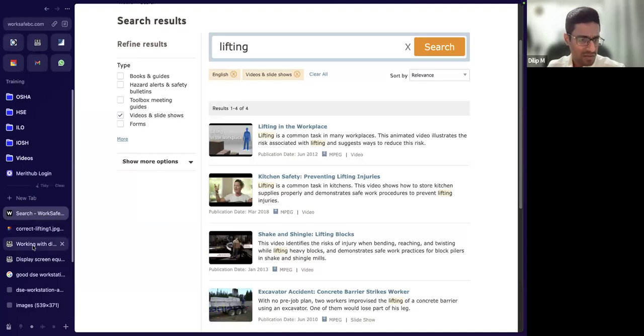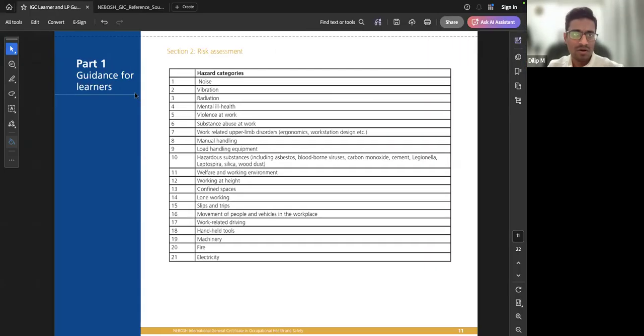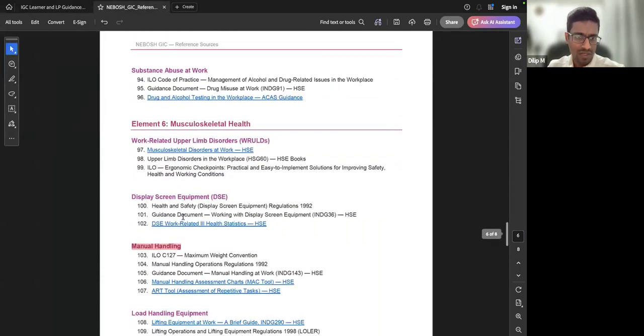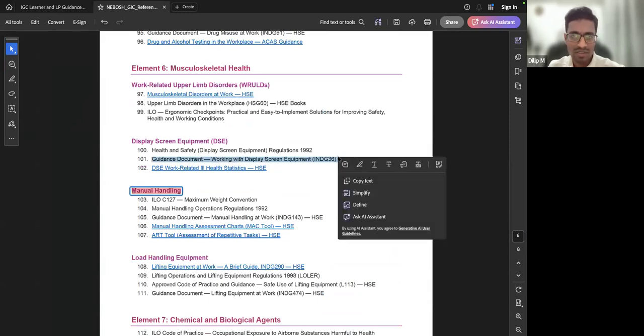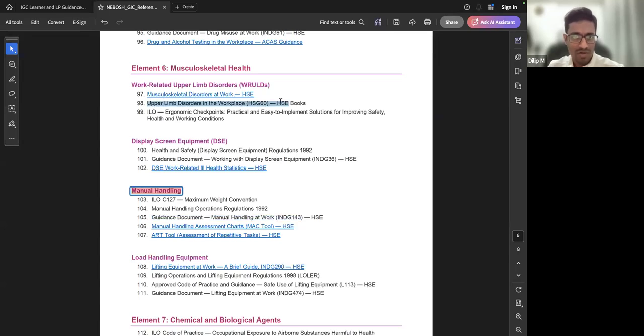Okay. And also see, these others I'm not going to share as links because they're already available in this document. For example, display screen. So this document is what we have discussed. And then manual handling, you can check this. And then upper limb disorders.